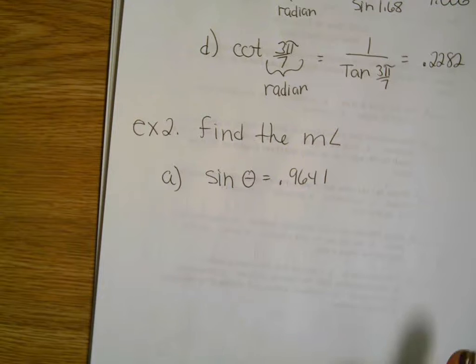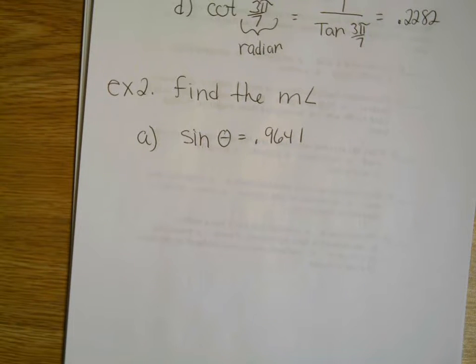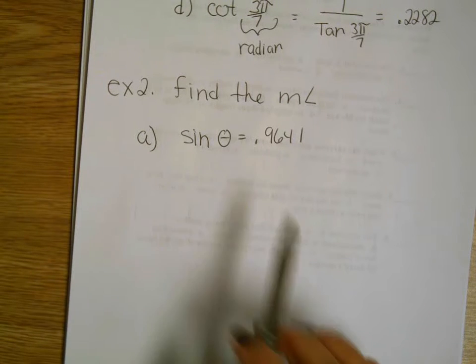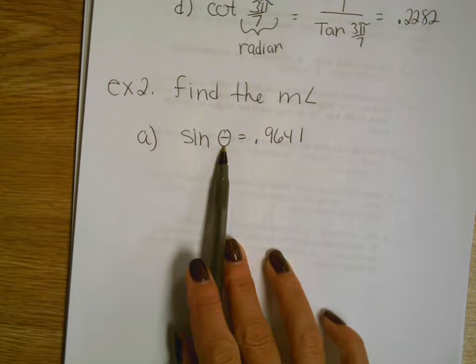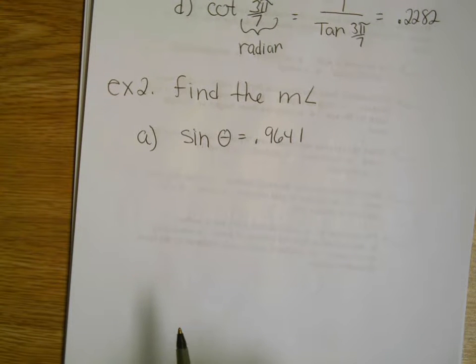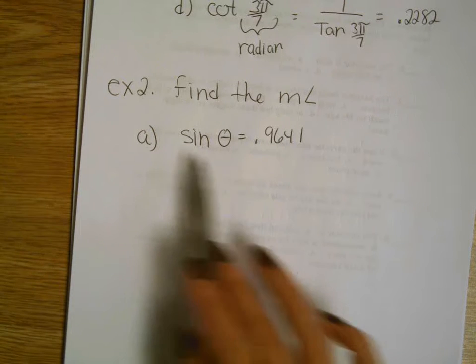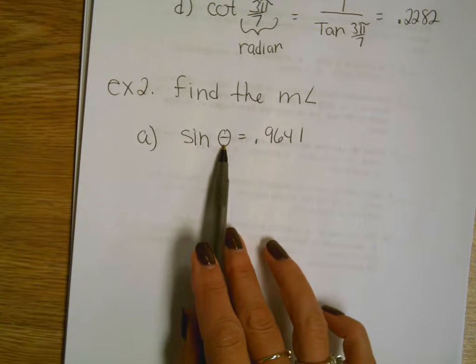Adam: usually inverse sine of 0.9641. Do you know what kind of angle I want? Do I want a degree or a radian? Can you tell? It doesn't matter, because I haven't asked for either one yet. Right now, you have no indication whether that person wants the angle in degrees or radians, because there's an equivalent for both of them.